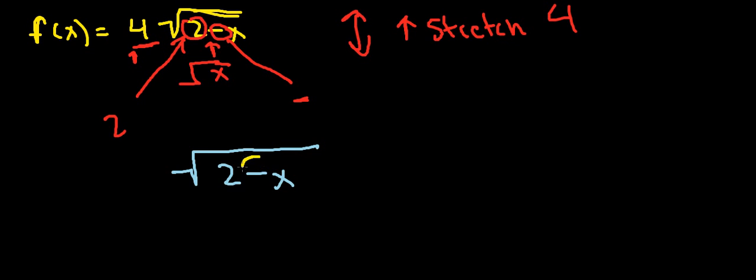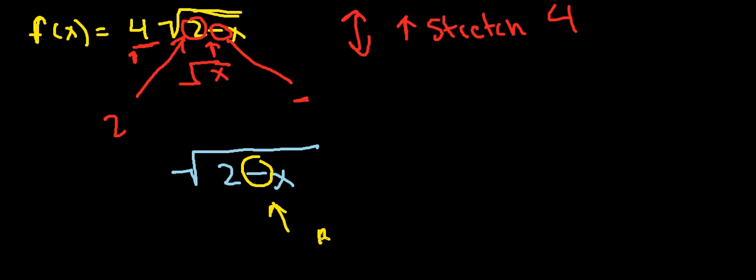Most people would probably come in here and say, okay, we have a reflection across the y-axis because we have a minus times an x. That's like a minus x being substituted in.